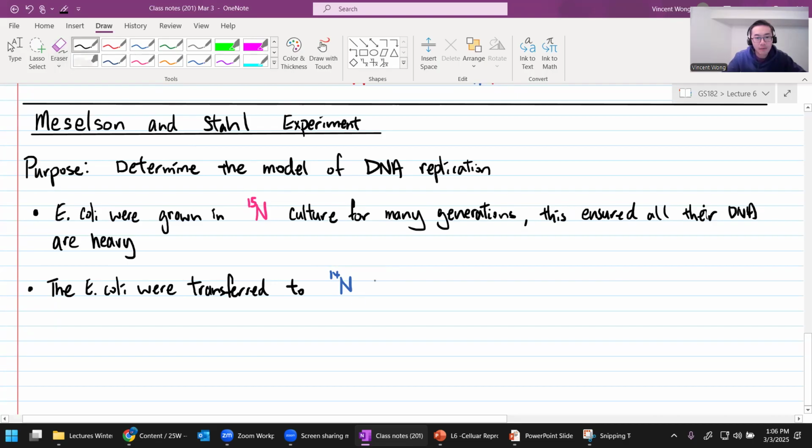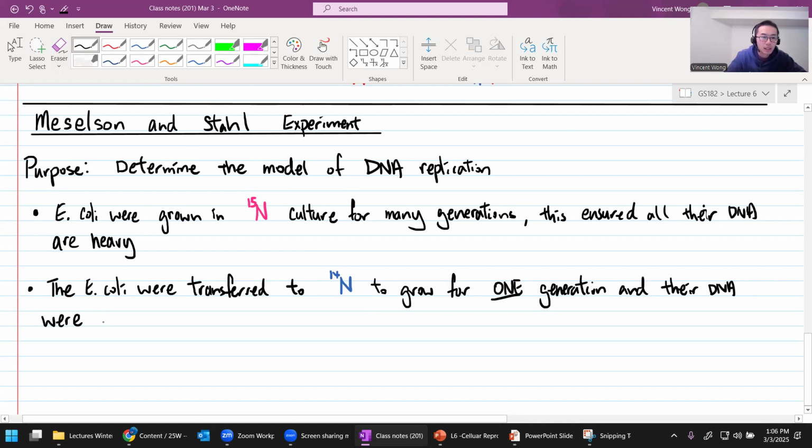Transferred to N14 to grow for one generation. And their DNA were extracted and separated by weight.